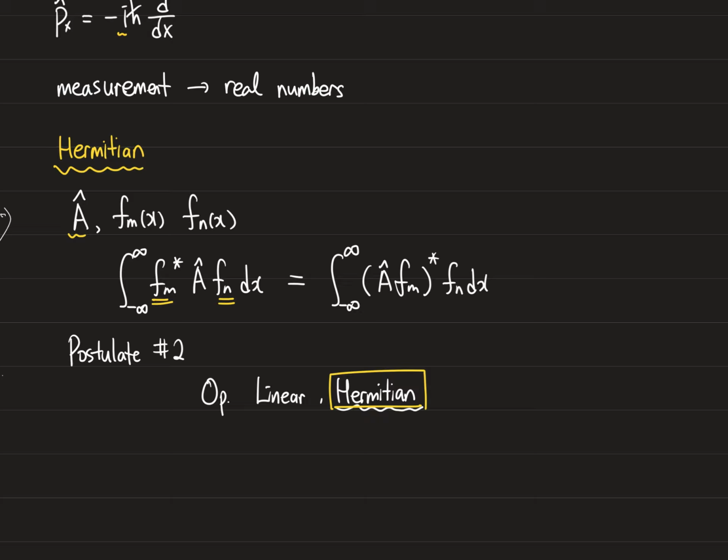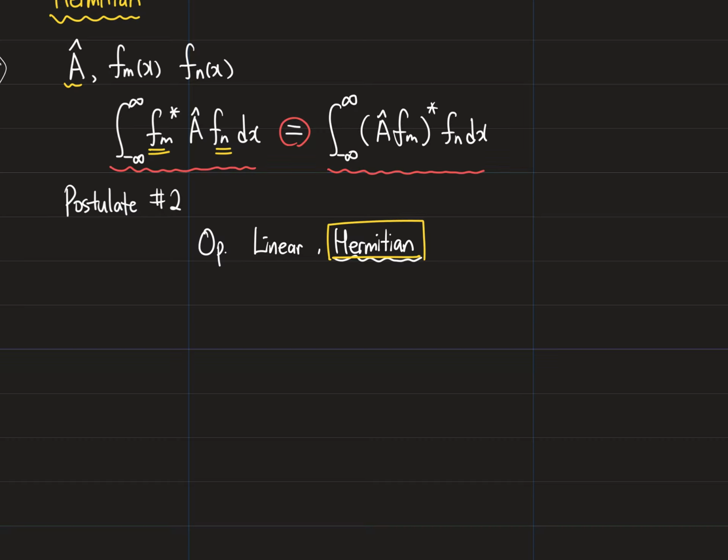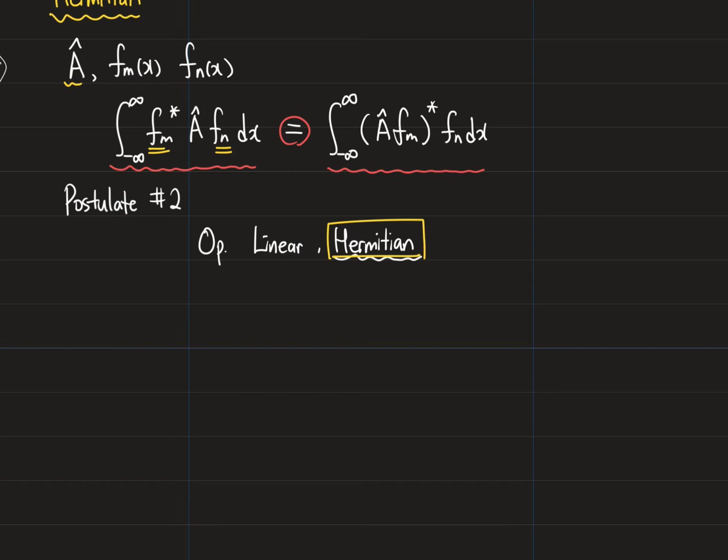If you want to check whether some operator is Hermitian or not, you can just calculate the left-hand side integral and the right-hand side integral, then see if these two integrals are equal. For example, say the operator A hat is d dx.